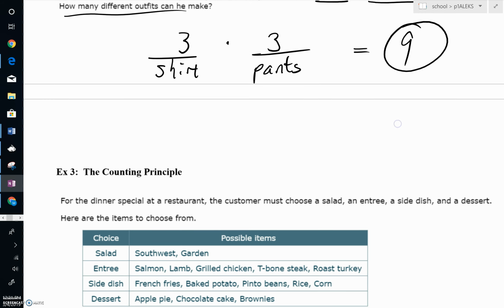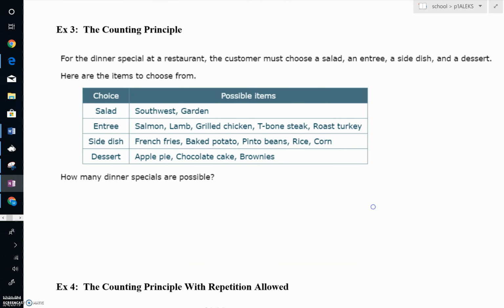Let's take a look at a more classic question here. For a dinner special at a restaurant, a customer must choose a salad, an entree, a side dish, and a dessert. And here are the items to choose from. Well, we can see that for a salad, you could have Southwest or a Garden. That would be 2 different ways somebody could choose a salad.